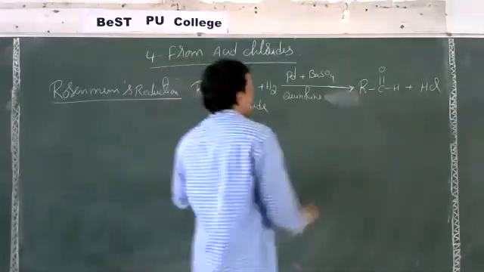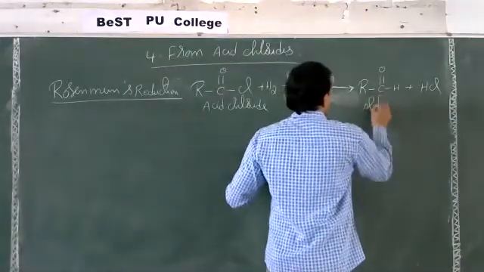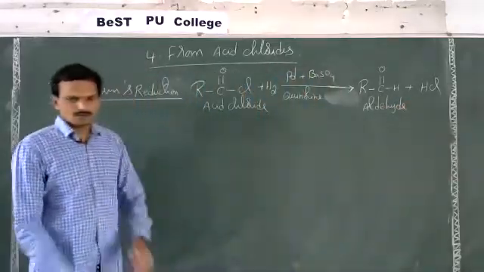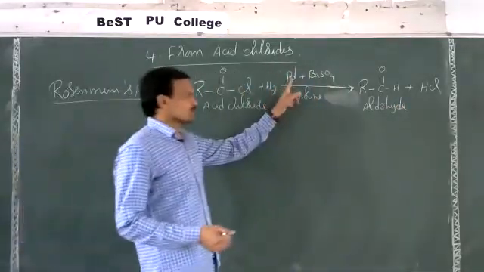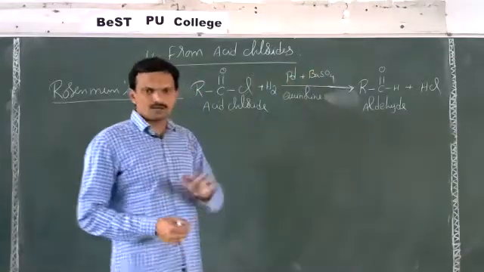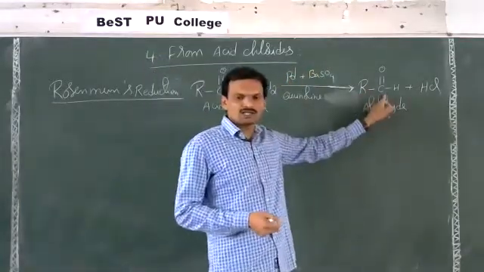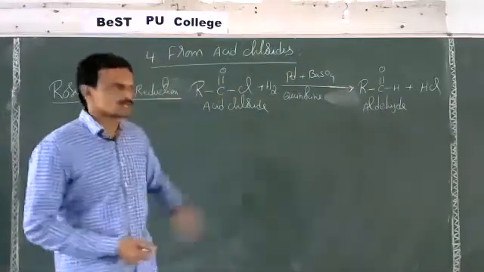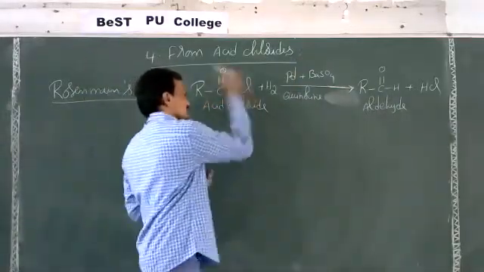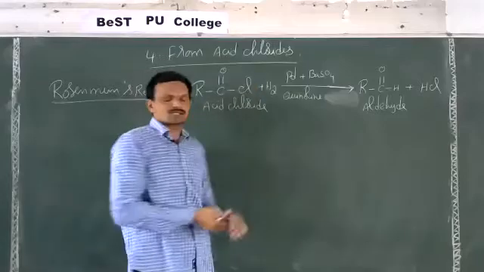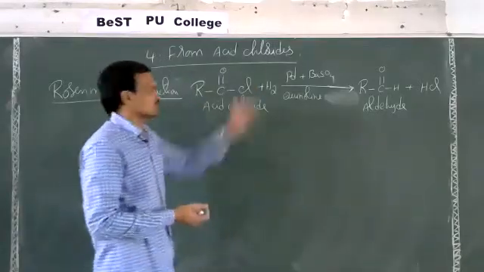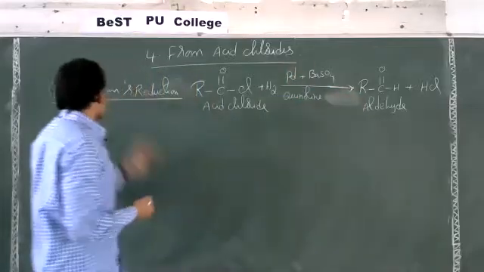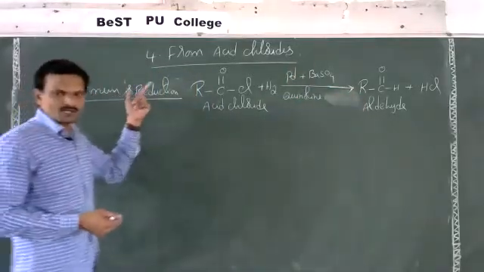Palladium is partially deactivated. Otherwise, the aldehyde formed here can undergo further reduction to give alcohol. So this is a controlled reduction. The controlled reduction of acid chlorides in the presence of palladium and barium sulfate in quinoline gives aldehydes. This reaction is called the Rosenmund reduction.